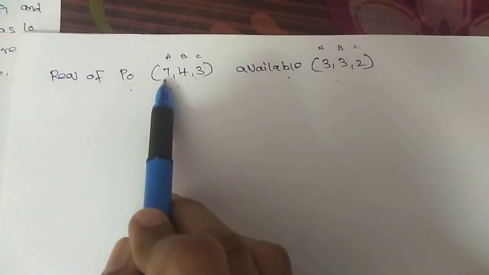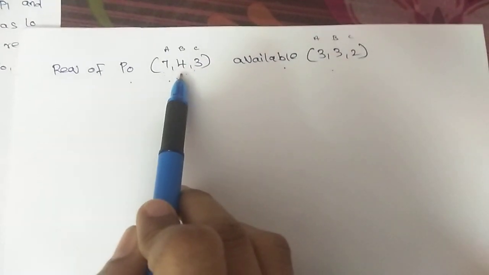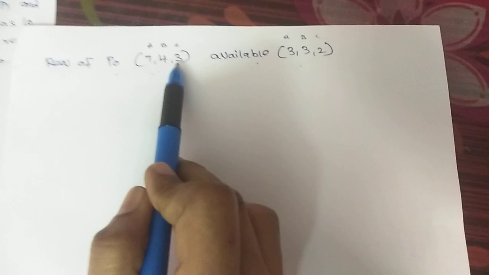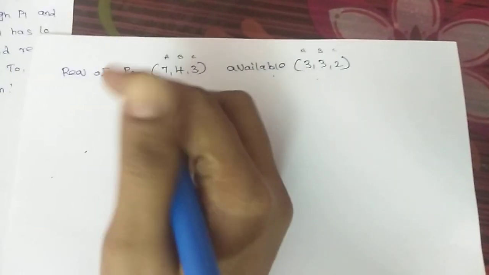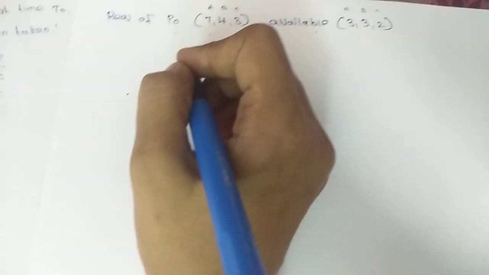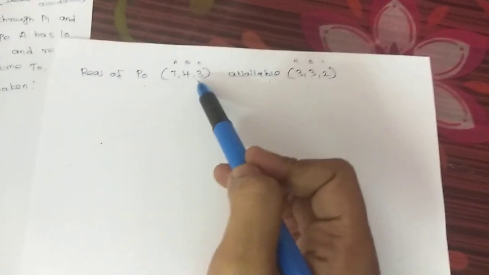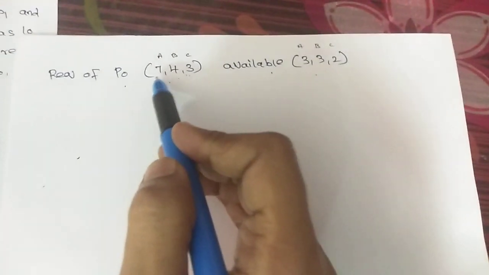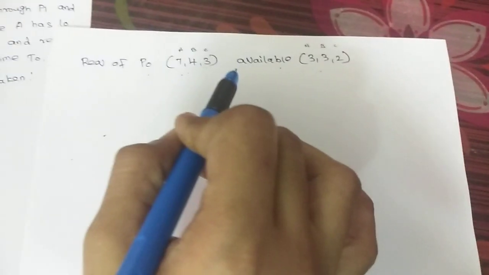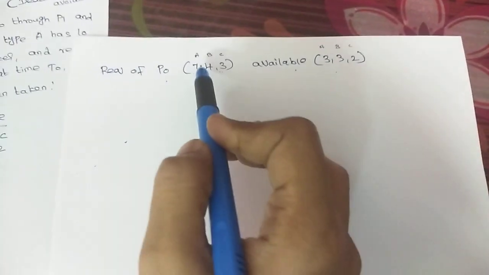So 7 is greater than 3 and 4 is also greater than 3, and 3 is also greater than 2. Okay, 3 is greater.